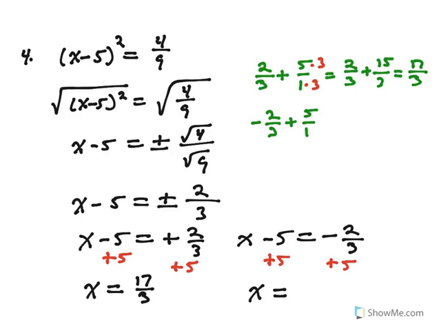Again, the common denominator is still 3, so I'm going to multiply that whole right side by 3. And that's going to equal negative 2 plus 15 is 13/3. So those are my two solutions.